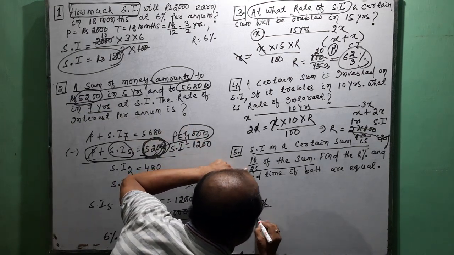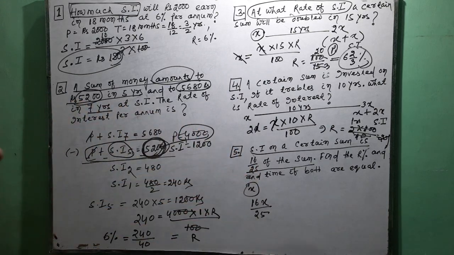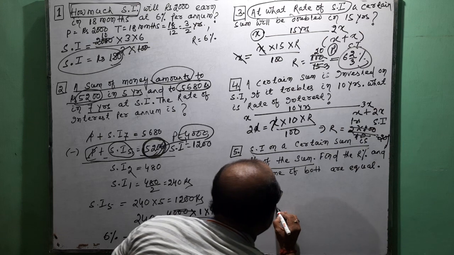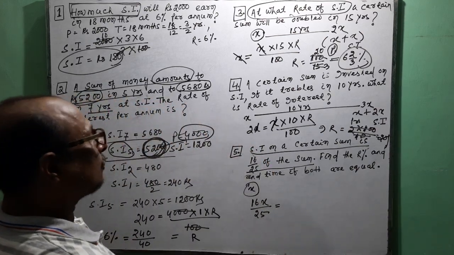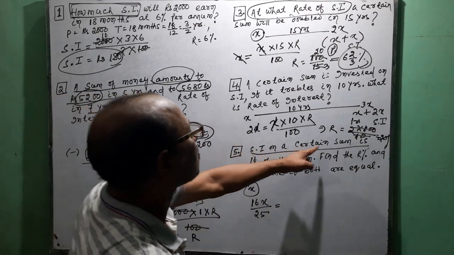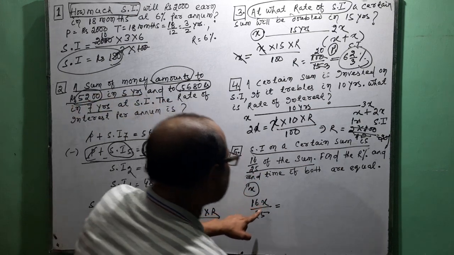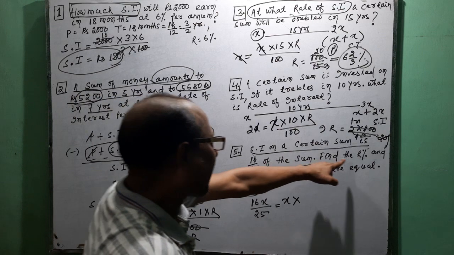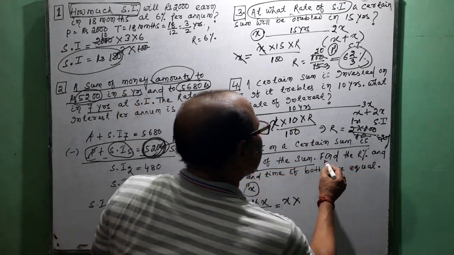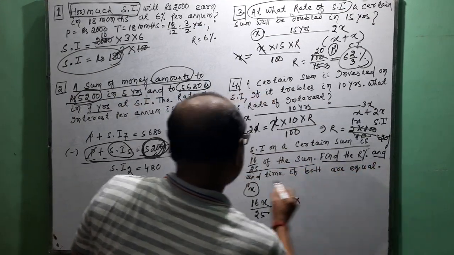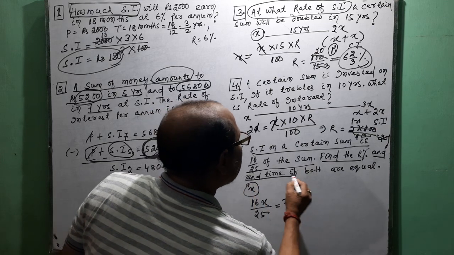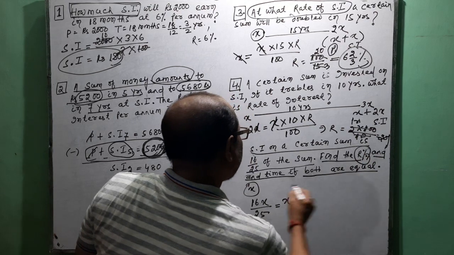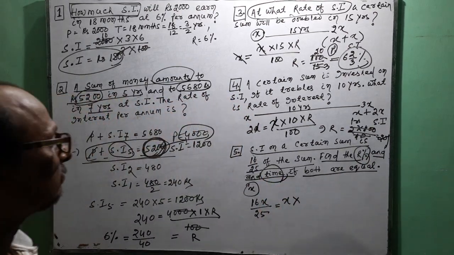SI is equal to PTR by 100, where P is X, into T. Find the R percent and the time if both are equal. This means rate of interest and time both are equal.